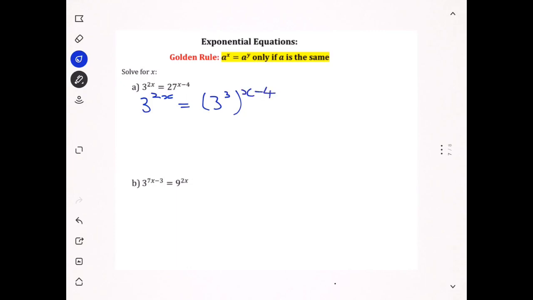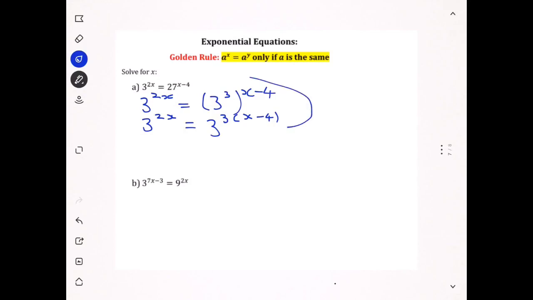In the next step, we can times that out, so 3 to the 2x. From law of exponents, when the exponent is in a bracket as well, we times them together. So it becomes 3 times x minus 4. At this point, because the bases are the same on both sides, we can simply equate the exponents.